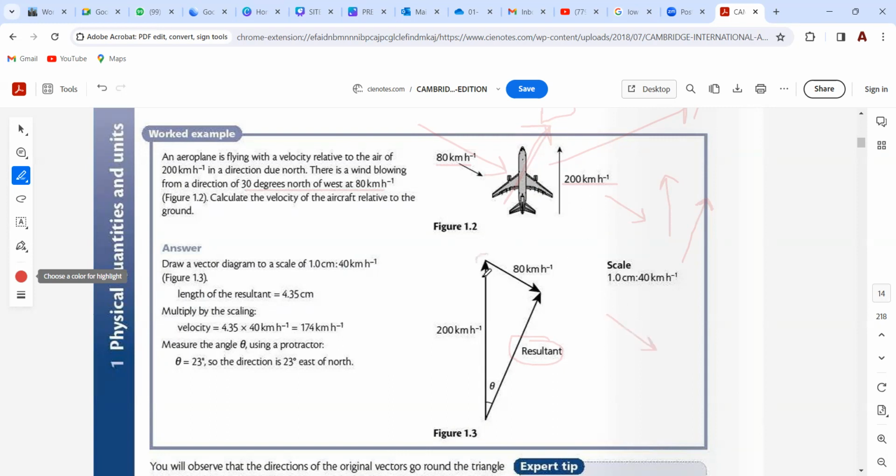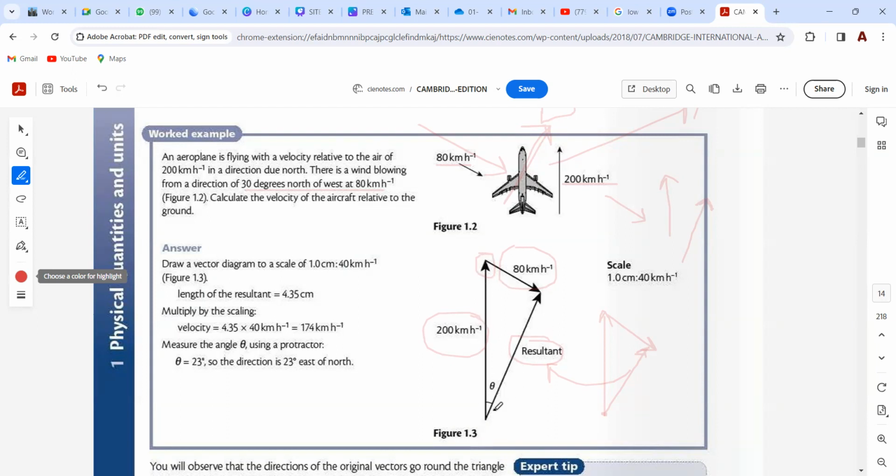Now, because the vectors need to join head to tail, you place your other vector like this, ये head to tail join हो जाए. And once they do, you draw a line from the tail of the first to the head of the second, and this is going to be your resultant vector. Now remember that these drawings, 80 kilometers per hour, 200 kilometers per hour, all of it needs to be on a proper scale. And the scale is what you decide when you make your own drawing.